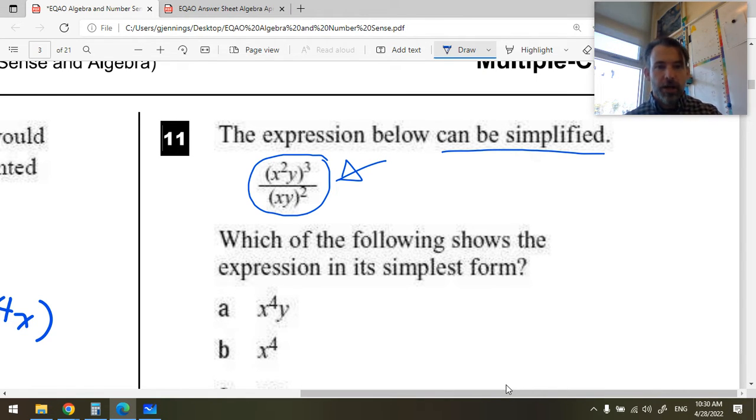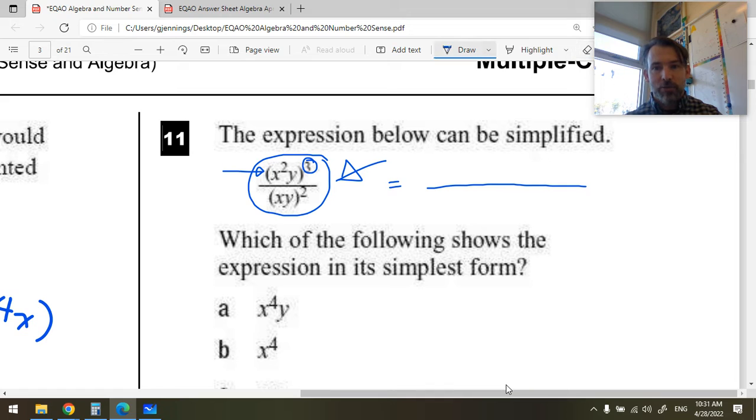Okay, so how do we do that? If I have x squared y on top, and then the whole thing is cubed, I can expand that with multiplication and show that. I could say this whole thing is equal to another fraction, which I will create this way.